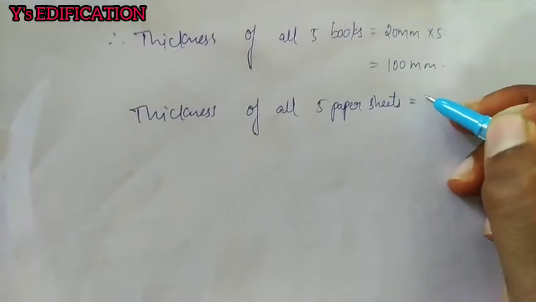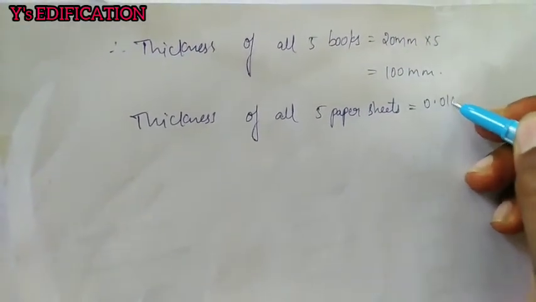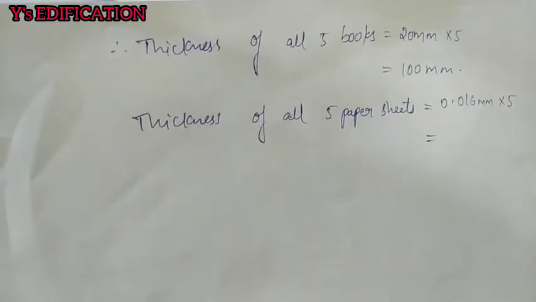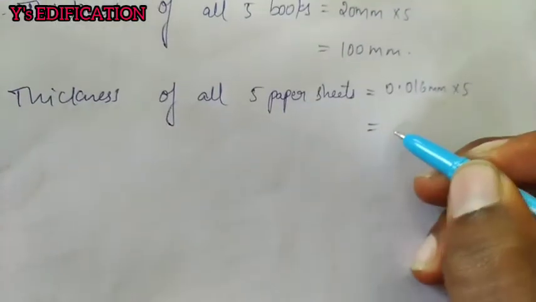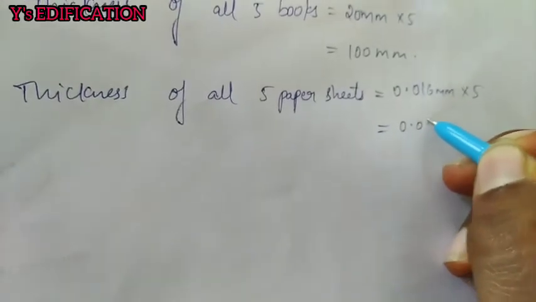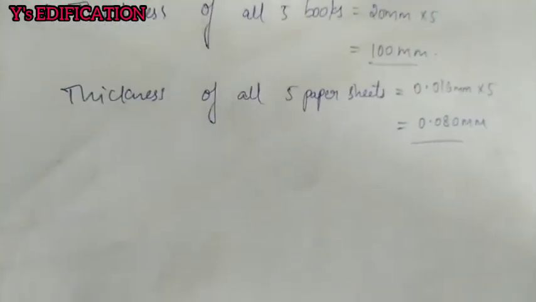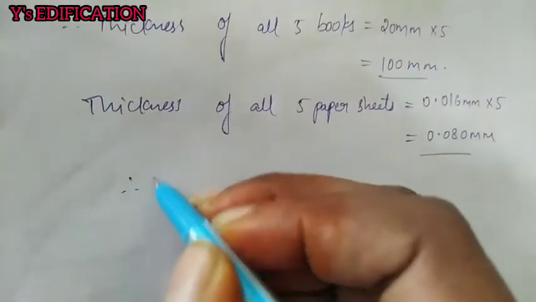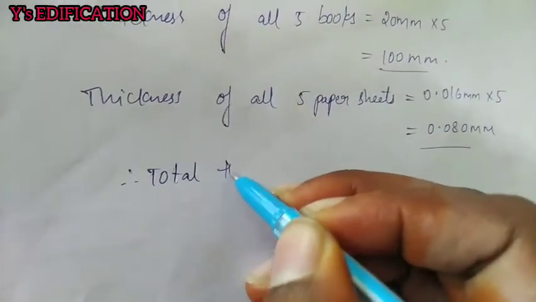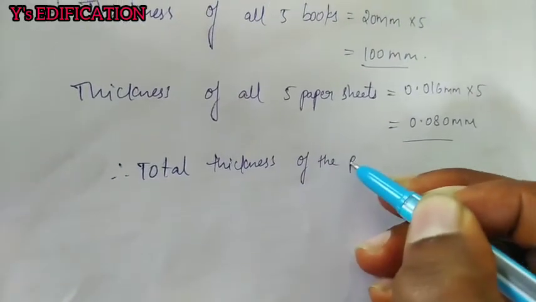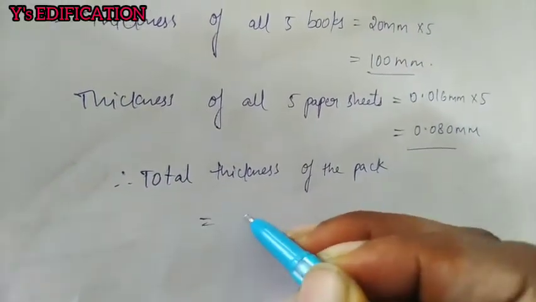Thickness of one paper sheet is 0.016 mm and there are 5 paper sheets. So 0.016 into 5 becomes 0.080 mm. So when we add these two, we will get the total thickness of the pack. Therefore, total thickness of the pack. What is the total thickness?